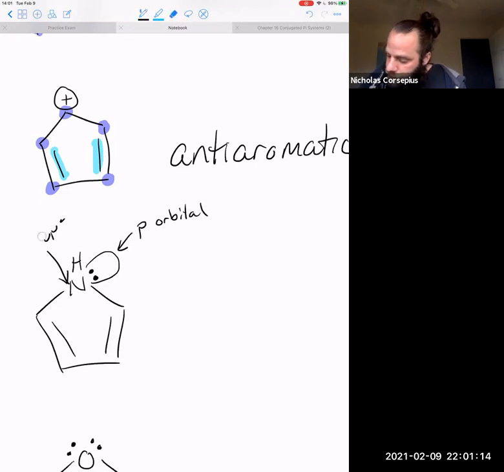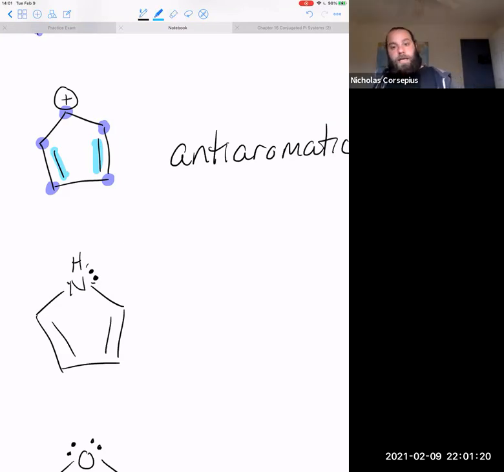So what we have to do here, in order to determine whether this compound is going to be aromatic or non-aromatic, is first convince ourselves that these atoms are indeed sp2 hybridized. That's the first important thing. Then we look at this nitrogen and its pair of electrons. It will be sp2 hybridized if it will make the compound aromatic.